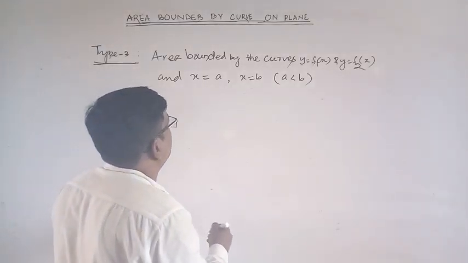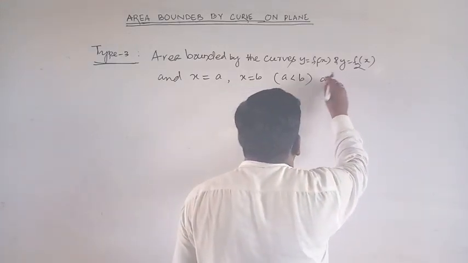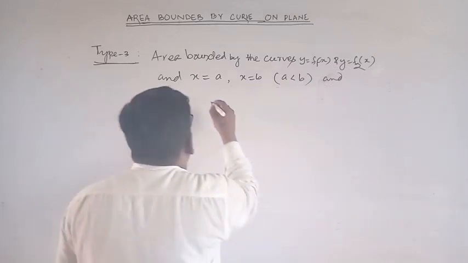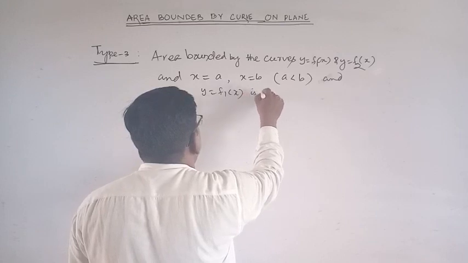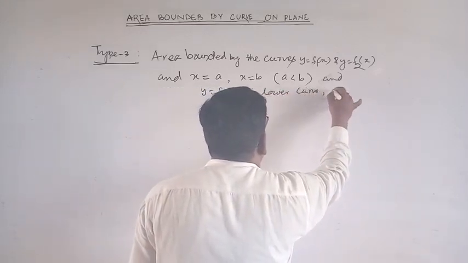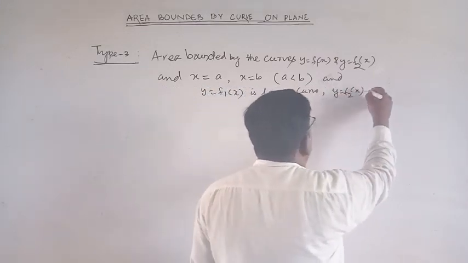Suppose y is equal to f1(x) is the lower curve, and y is equal to f2(x) is the upper curve.